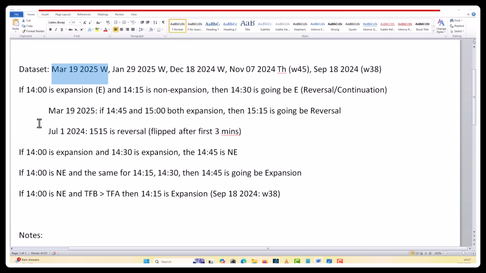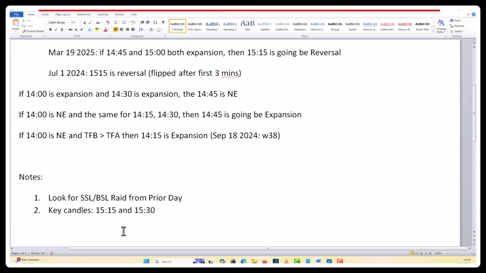Basically, we categorize into 2 scenarios. Right now it looks a little bit messy, but the first scenario is the 2 p.m., 14-hour candle expansion: then what happened? And if it's a non-expansion, then what happened? That's very simple.